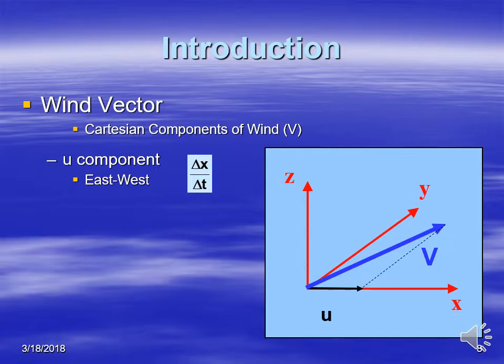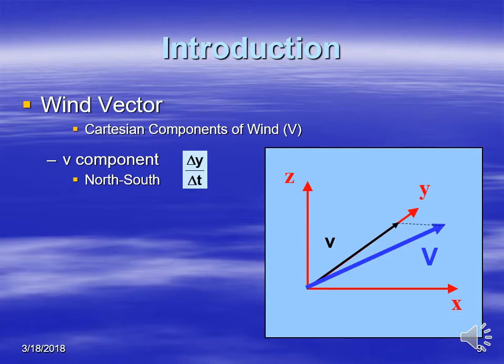So it's really important that you remember these components. The component of the wind that's in the east-west direction we call the U component. In other words, it's the change in the X direction with time. And for convenience, we point the X direction in the east direction. So any wind that moves east-west is the U component of wind.